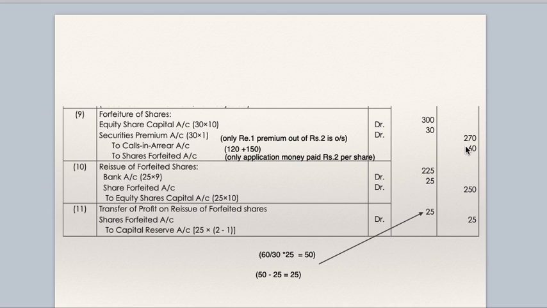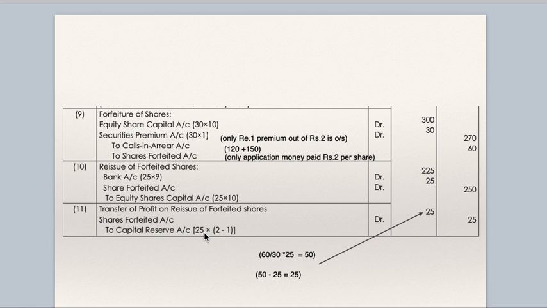Now this shares forfeited account 60 rupees which you are having, which is on 30 shares. So what will be the amount on 25 shares? 60 divided by 30 multiplied by 25, you will get 50. 50 minus 25, which is equal to 25, is to be transferred to capital reserve.